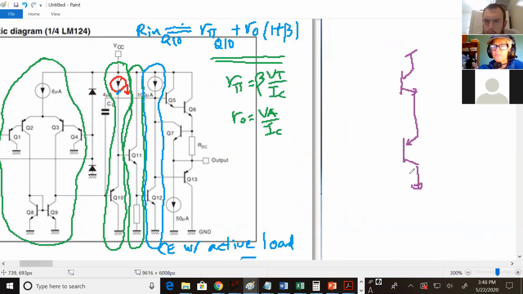This is a push-pull stage without, there's some stuff over here, but without that stuff, that's a push-pull stage. To me, it looks like Q7 and Q13 make the push-pull.